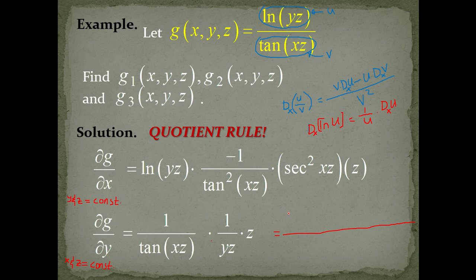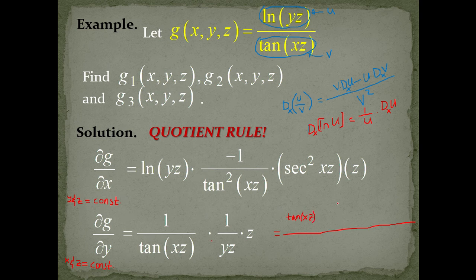So v du, we have tangent of xz, and times the derivative of the other part. I'll just do it directly, class.